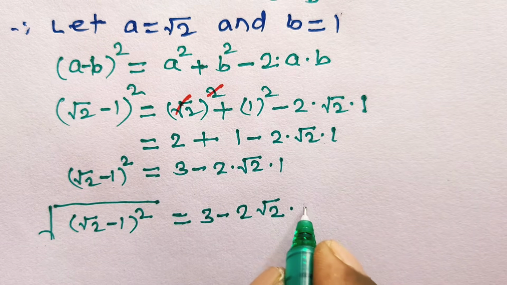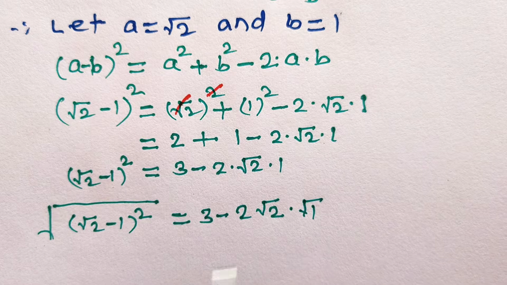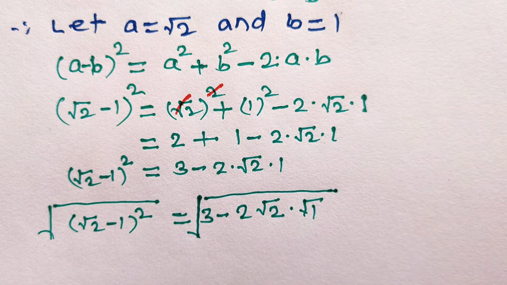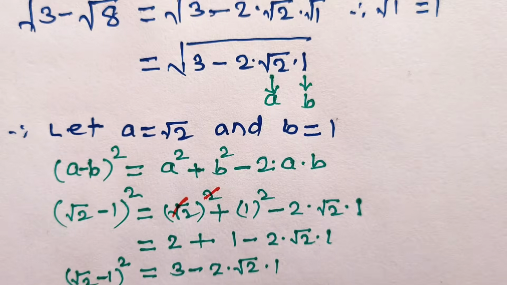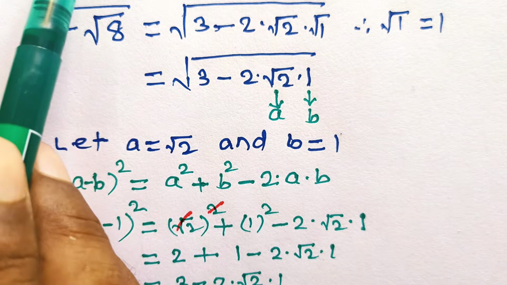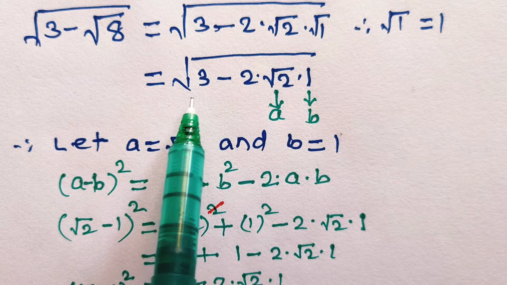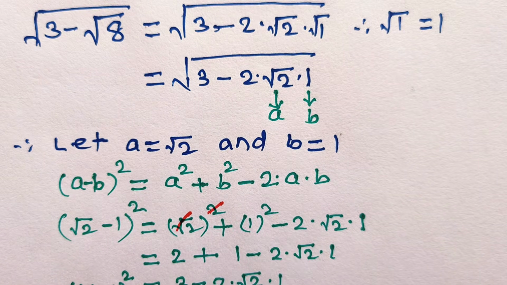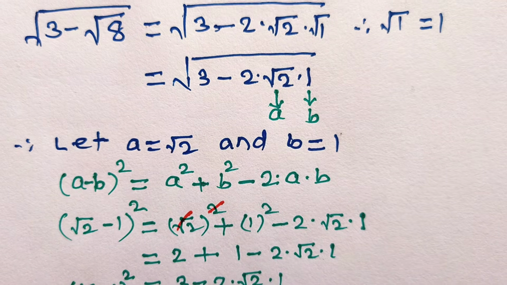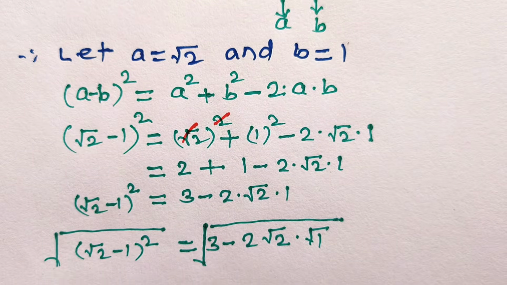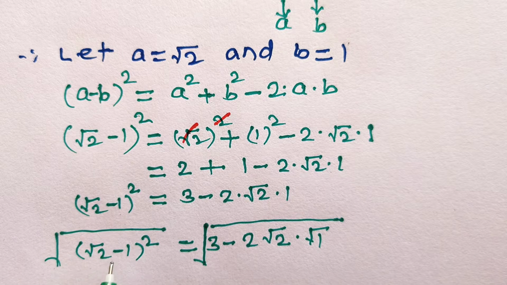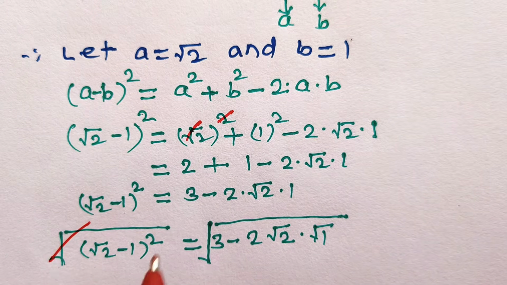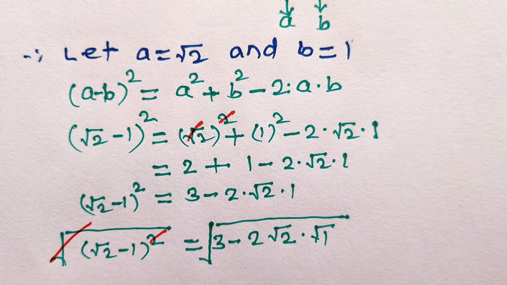So we can write here square root of 1 and square root of this quantity, which is nothing but square root of 3 minus square root of 8. We can write square root of 3 minus 2 root 2 into 1, and this right hand side we can replace by square root of this quantity. But here this square root cancels with this square on left hand side.